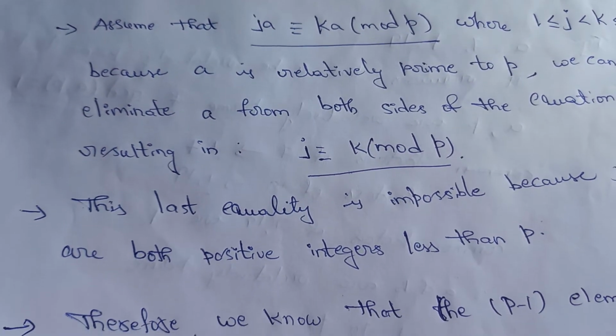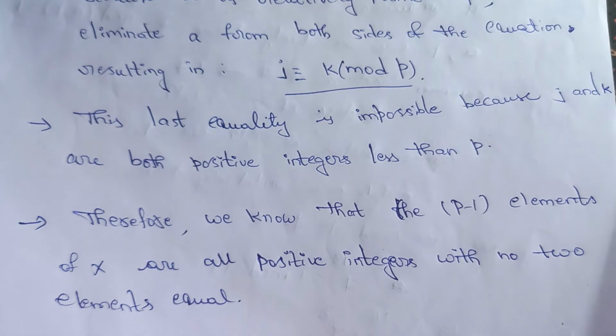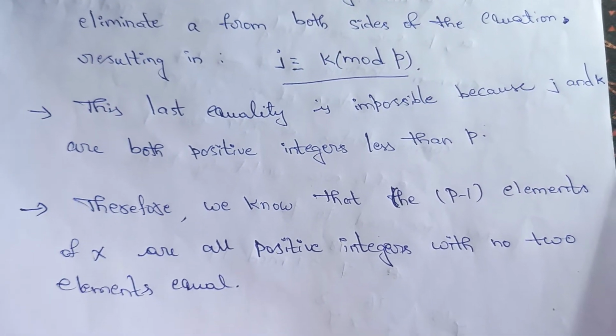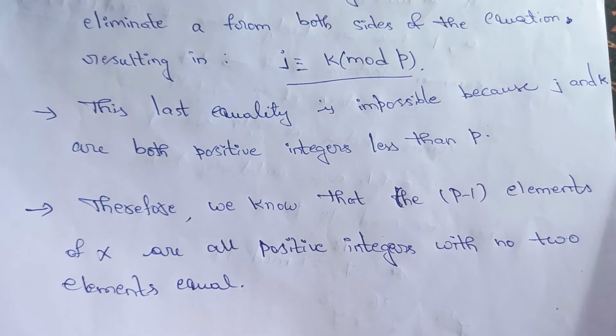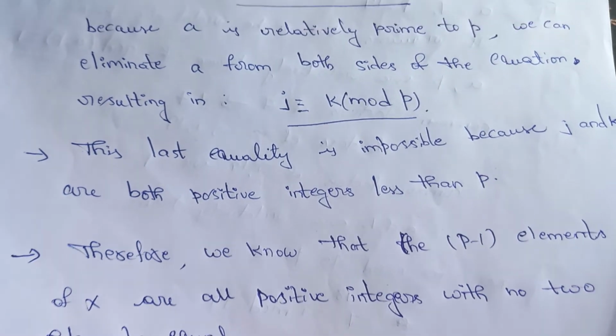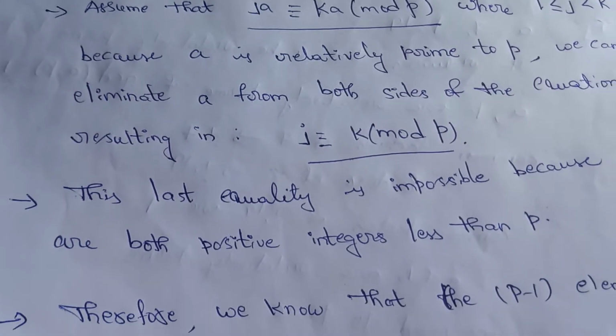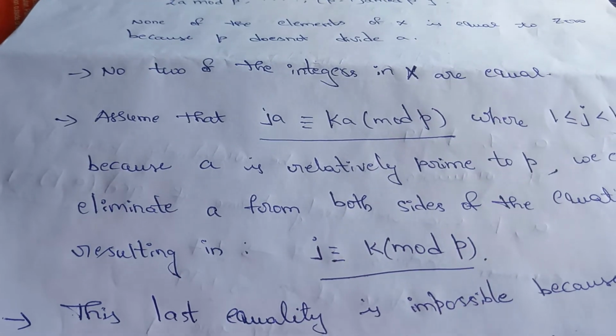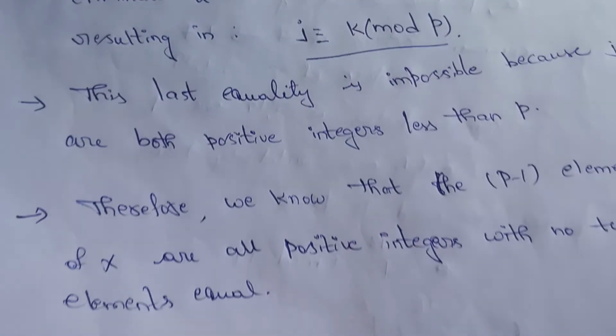Therefore we know that the p minus 1 elements of x are all positive integers with no two elements equal. This is the proof for why two values of x are not equal.